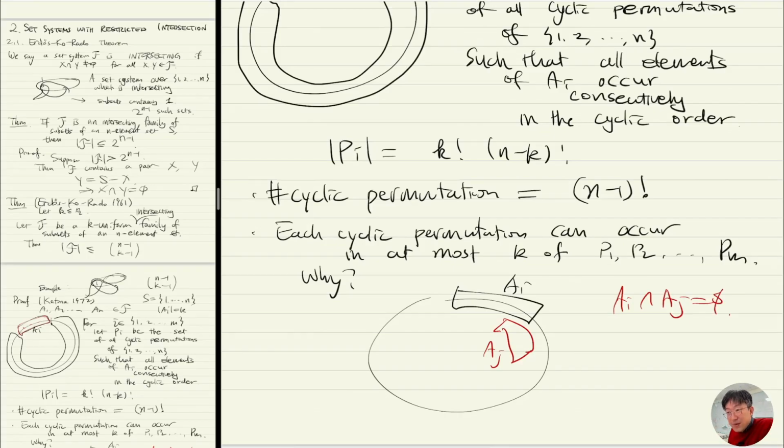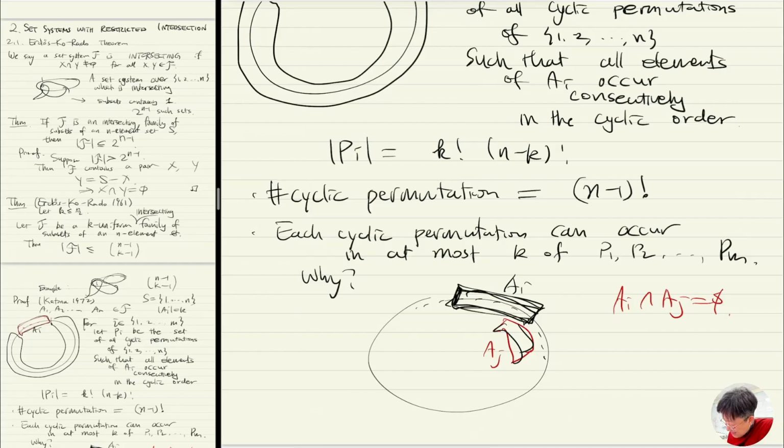Well, they have to intersect. So the starting place for Aj should be somewhere near here so that it can intersect. So among all Ai that contain this cyclic permutation, choose the one that occurs counterclockwise leftmost.